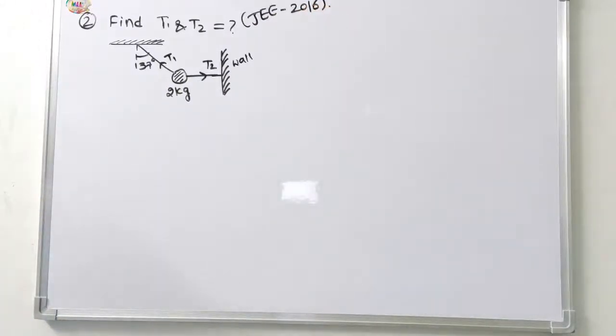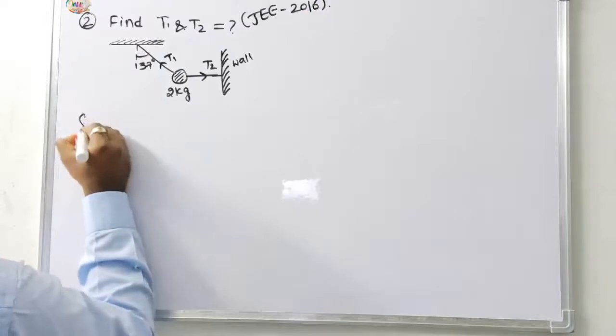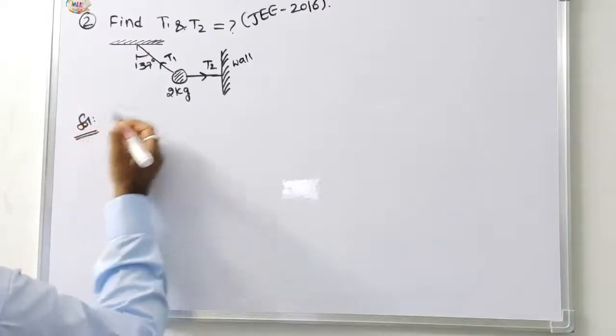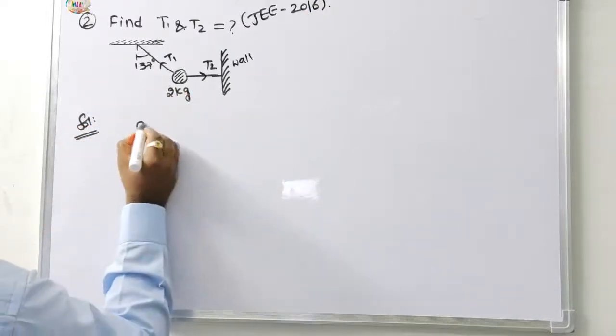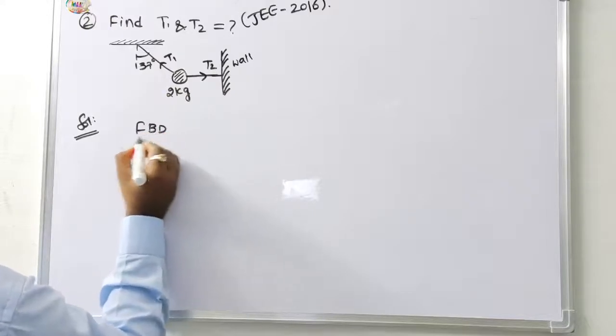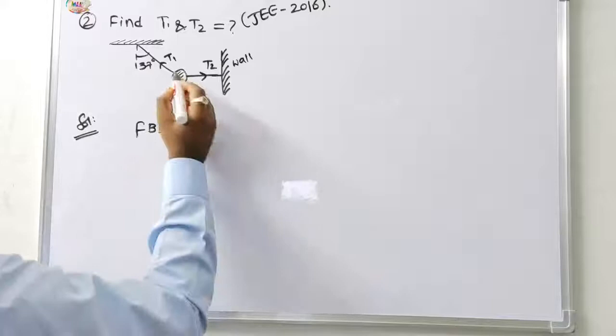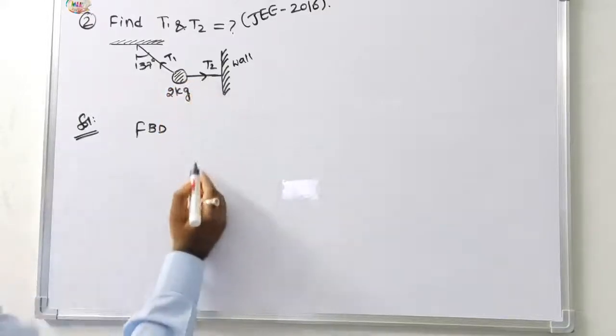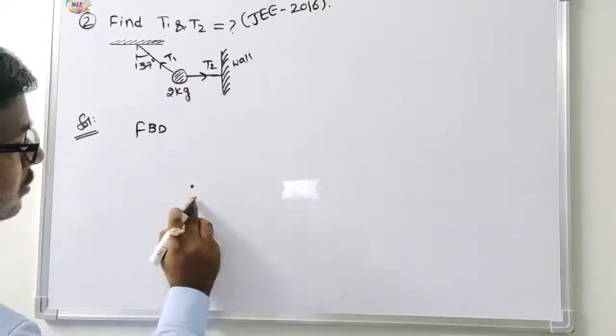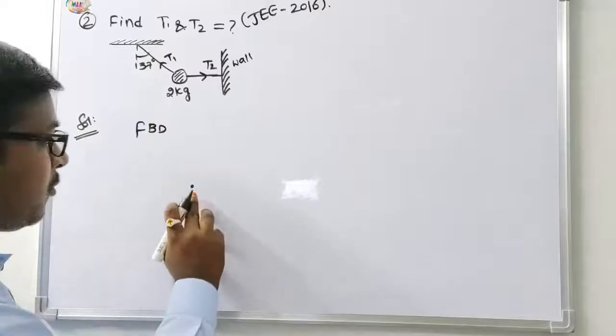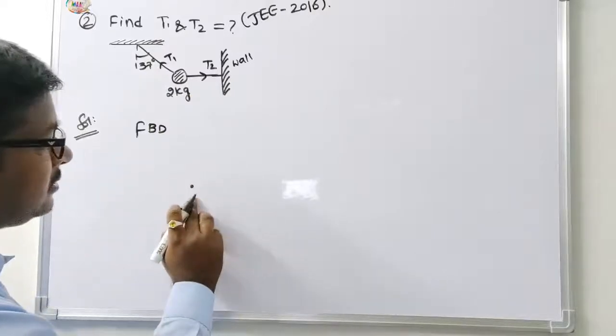Okay, first draw the free body diagram. This type of problem is very easy and very important for NEET and JEE Mains level. This is the block, the point mass, the block identification.